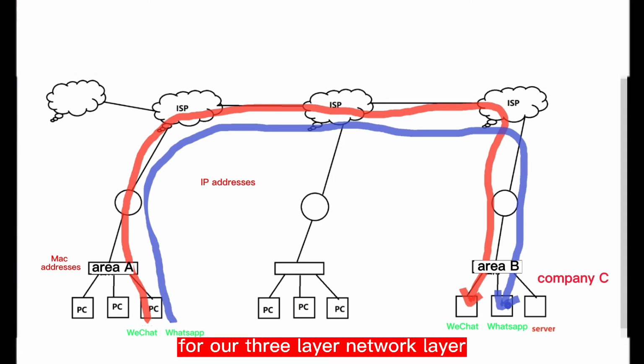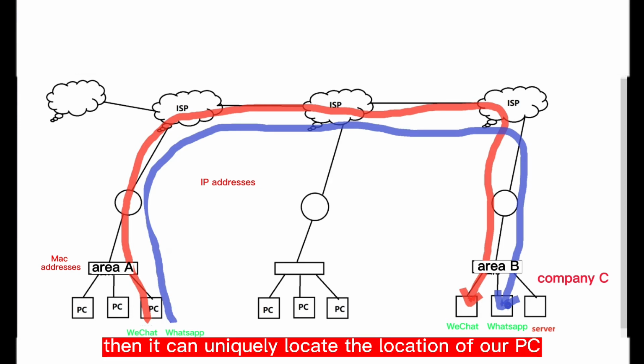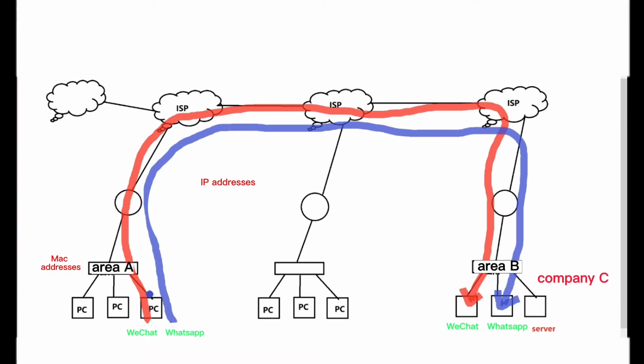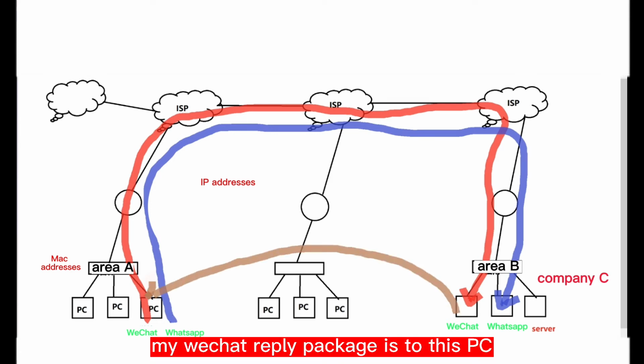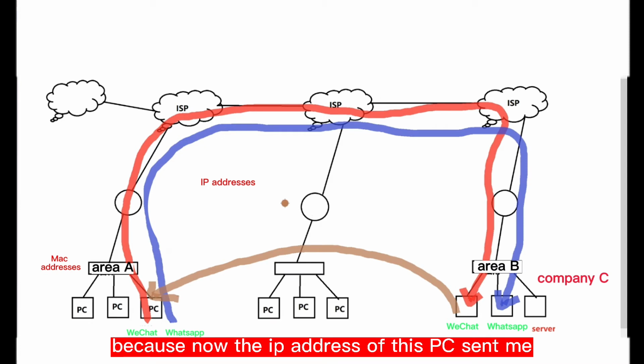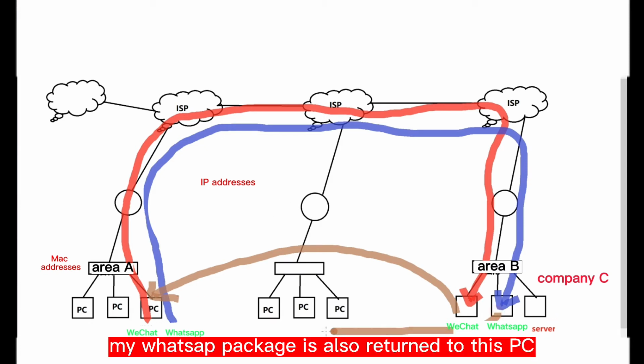The layer 3 network layer provides an IP address, which can uniquely locate our PC. So for WeChat and WhatsApp, my WeChat reply package is sent to this PC, because the IP address of this PC was sent to me. My WhatsApp package is also returned to this PC.